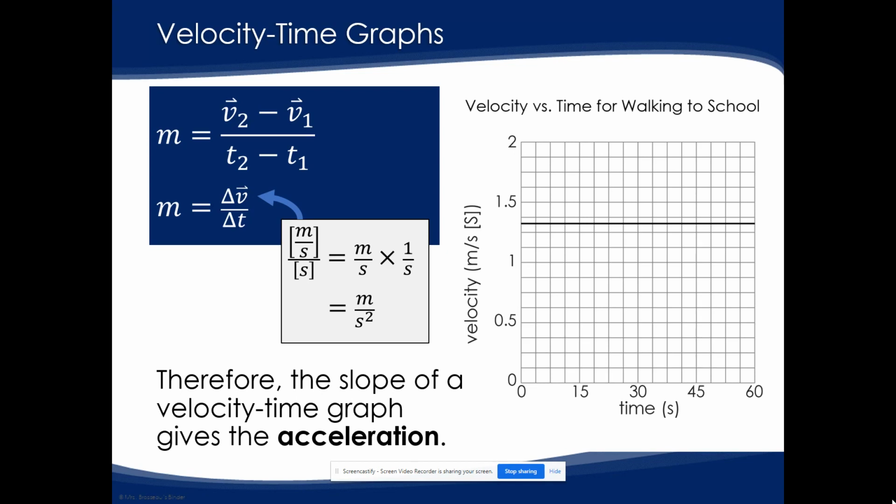In this case, our y's are our velocity, so our velocity is read in meters per second. And then we're dividing it by time, which is in seconds. That's the same thing as multiplying by 1 over a second, so we actually get meters per second squared. So the slope of your velocity graph is actually going to give you the acceleration, because that's what the units are telling us it is.